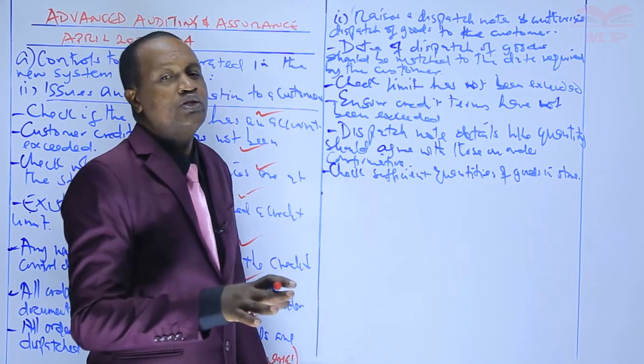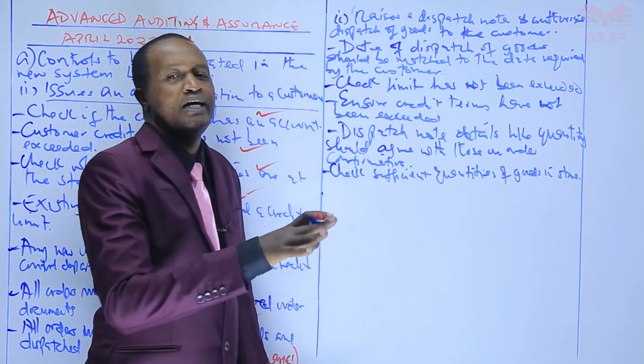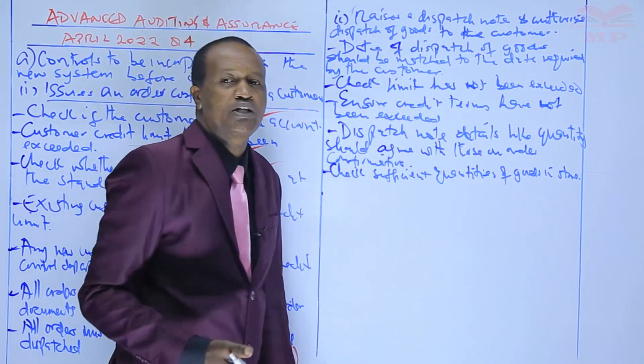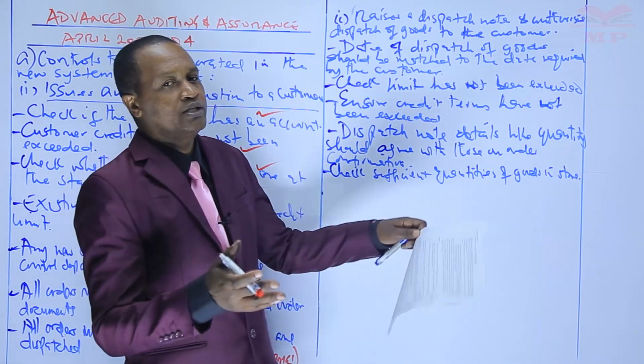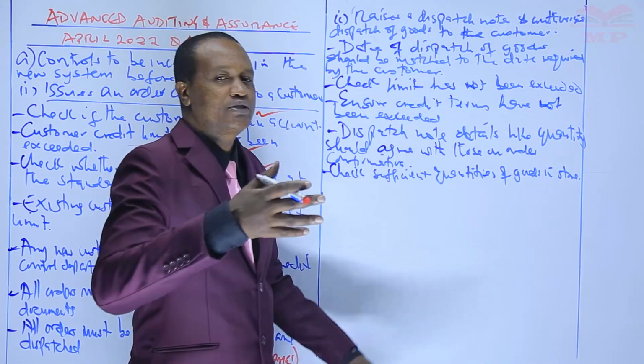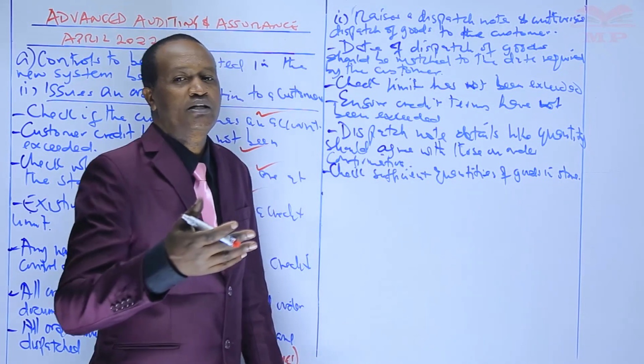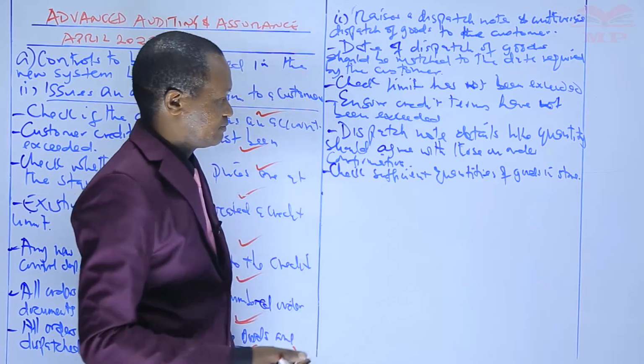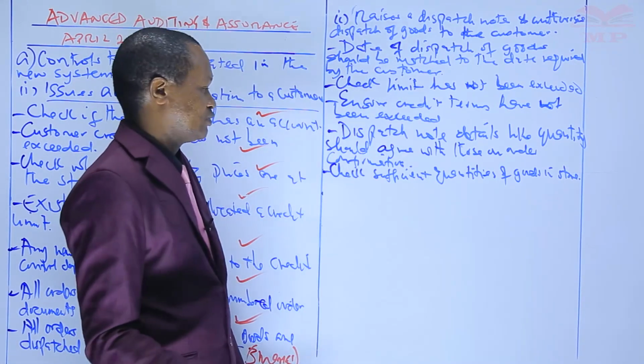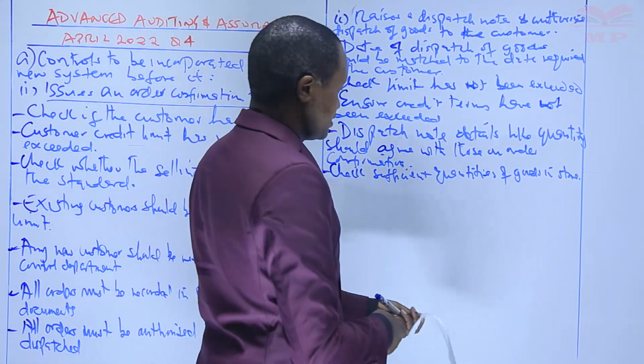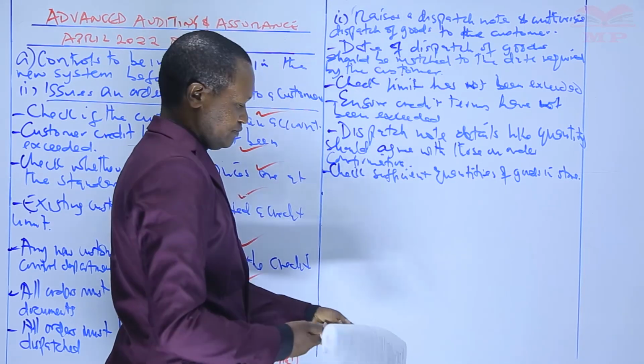The dispatch notes should be pre-numbered and a register kept of them to enable them to be matched with sales invoices and customer orders.